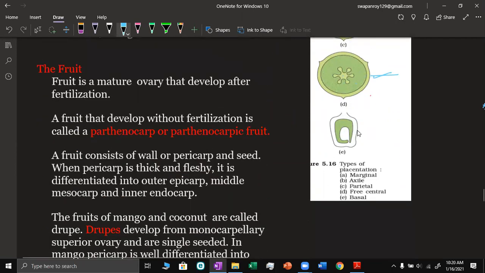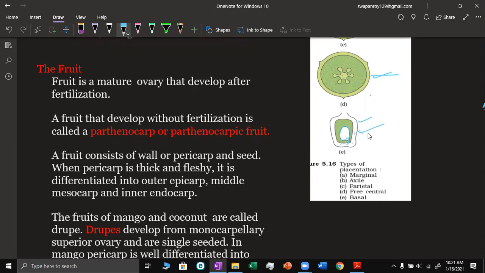So then come to free central, parietal, and there is one which is called the basal. Here the ovary is one chambered. This is usually bicarpellary syncarpous, and there is a single ovule, that is a single seed, that originates from the base of the ovary. This one is the ovule, and it is arising from the base of the ovary.